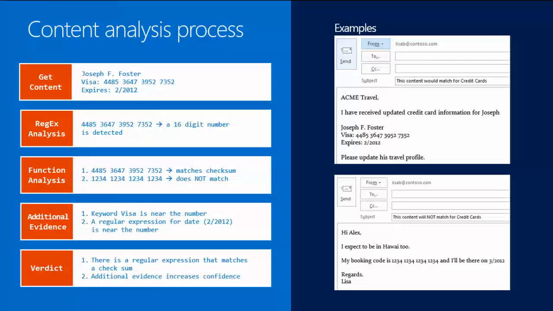If we match the checksum, we continue; otherwise we skip and move on. The next thing is we have configured additional evidence in terms of specific keywords. We're looking for a name and a date within the proximity of the regex we have just found. If we find these, we select a verdict that the sensitive content has been found, and we see if there's more of that content within the document.